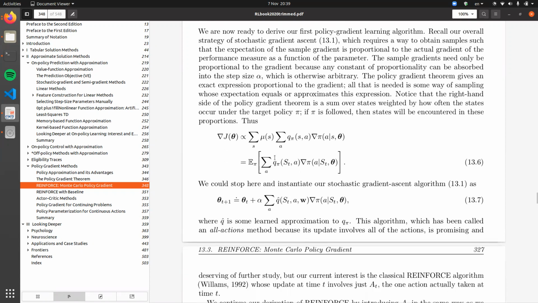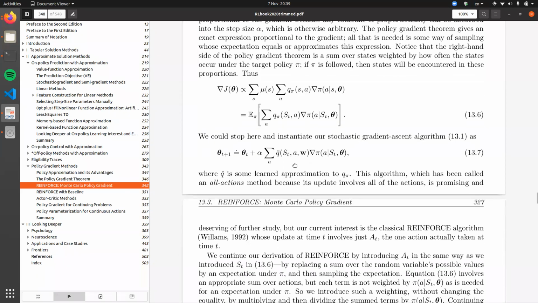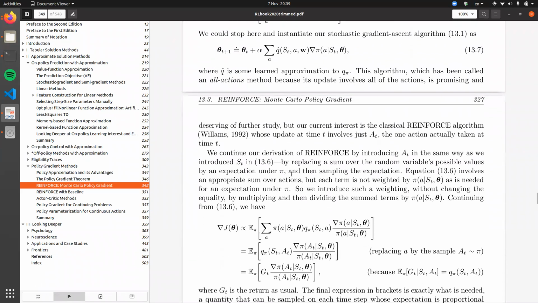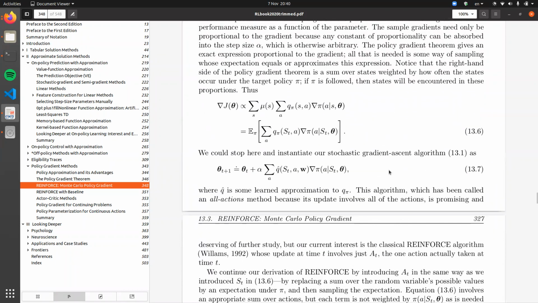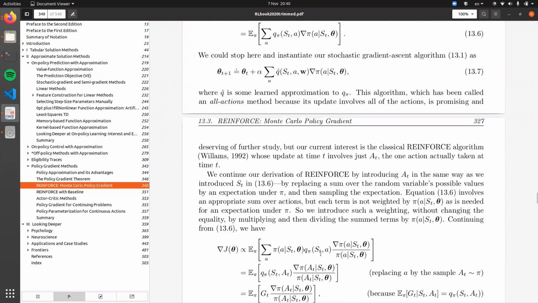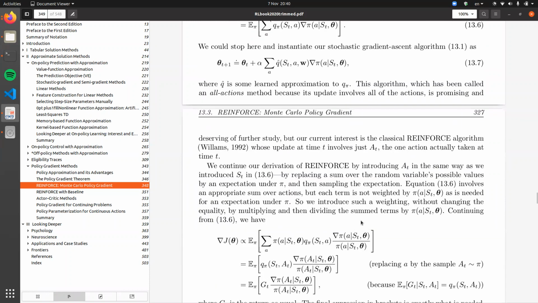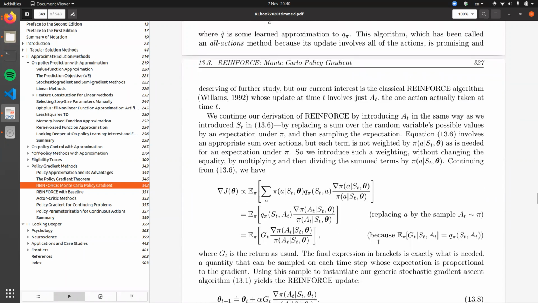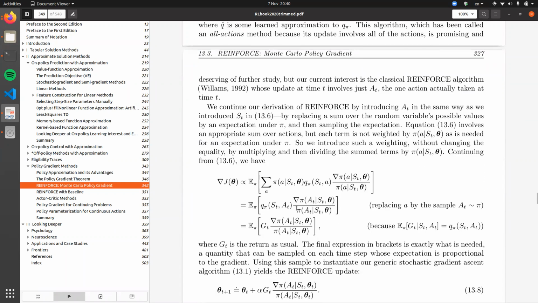That can be done directly by sampling from this distribution, but actually there is the REINFORCE algorithm that allows us to sample a single action, a transition associated with a single action, and do the gradient ascent using those samples.